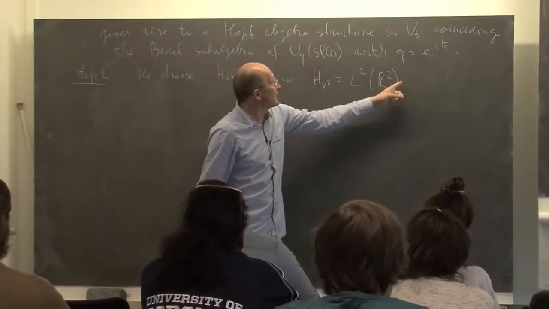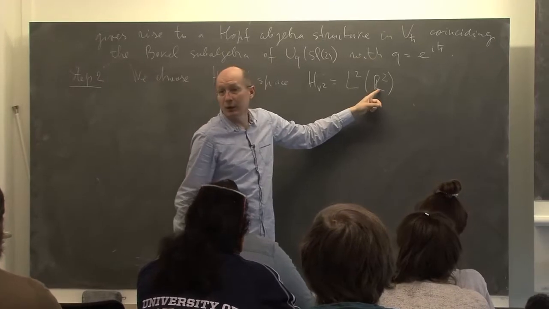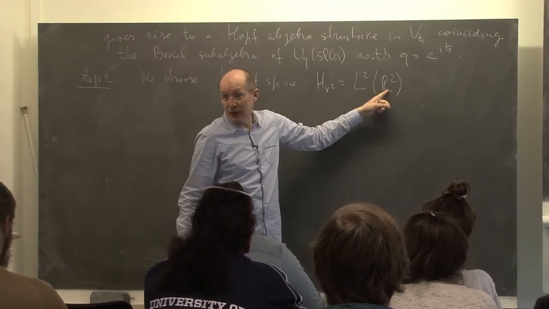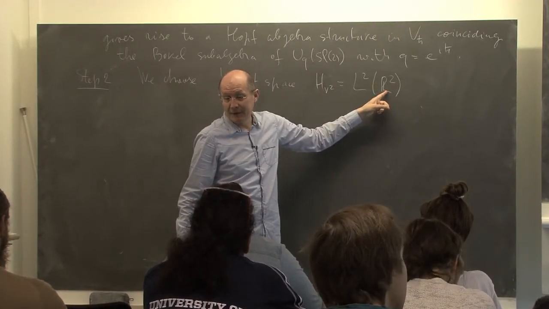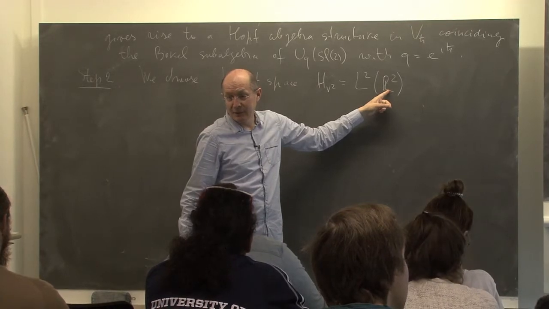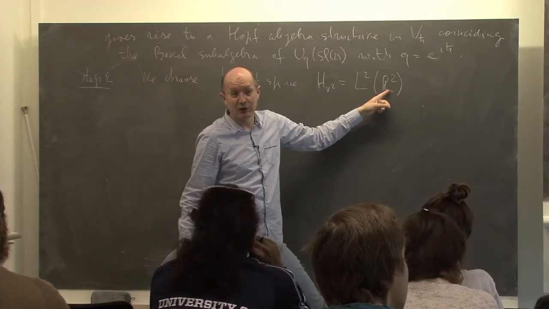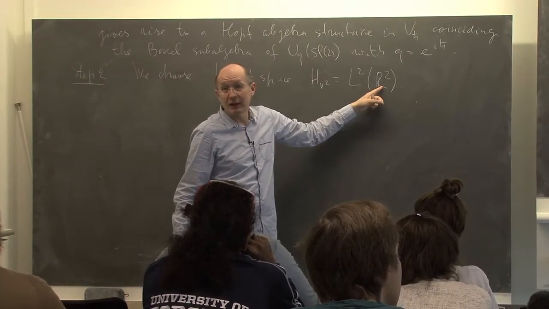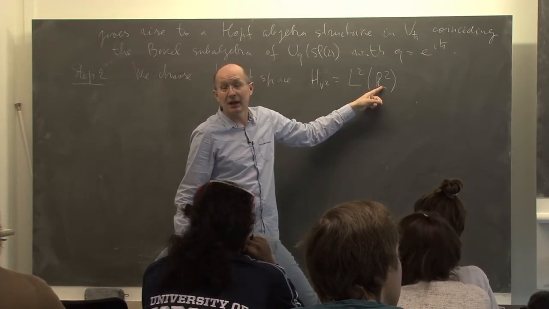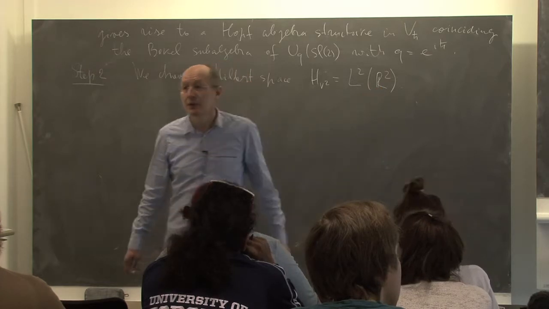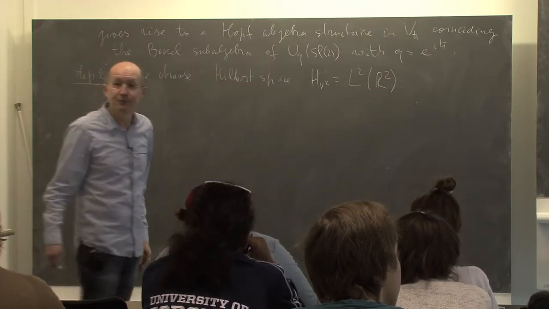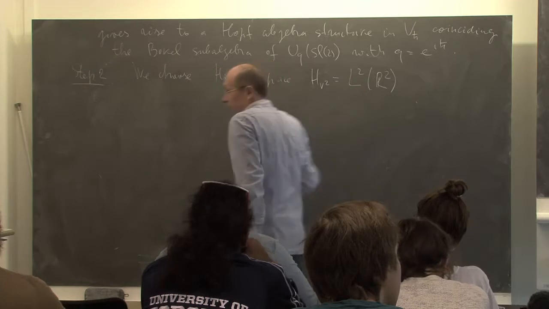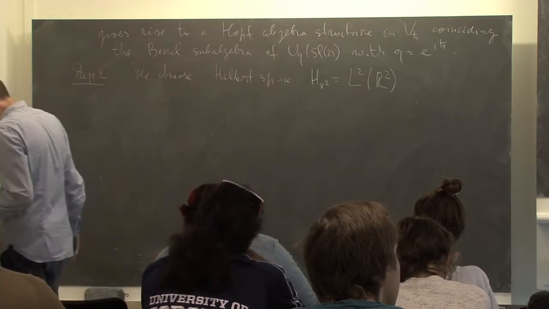So instead of putting just the algebraic tensor product, we double the number of arguments in the functions which represent elements of that space, which naturally extends the algebraic tensor product of L2 of R. So this choice looks natural.